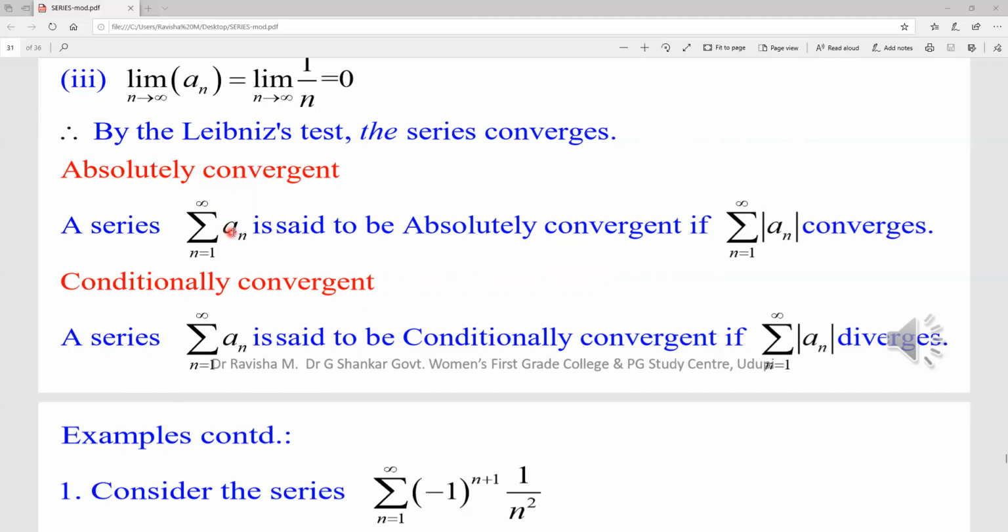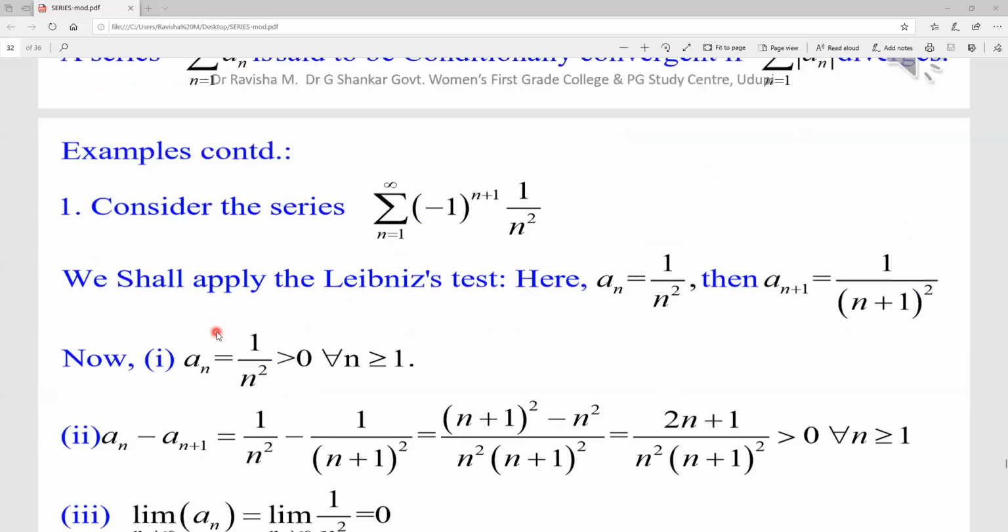Now, what is conditionally convergent? If the alternating series is convergent but the absolute series diverges, then we can conclude that the given series is conditionally convergent.